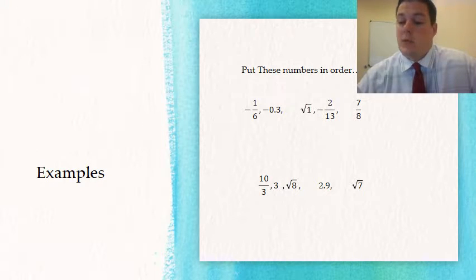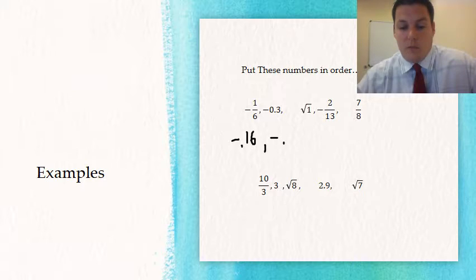So anytime you're asked to put the numbers in order, you want to think of them as decimals. All right, if you plug negative 1/6 into your calculator, it should be like negative 0.16 something. All right, but you'll see that it repeats. It doesn't terminate, but it repeats, so it is not an irrational number, because obviously we have a ratio.